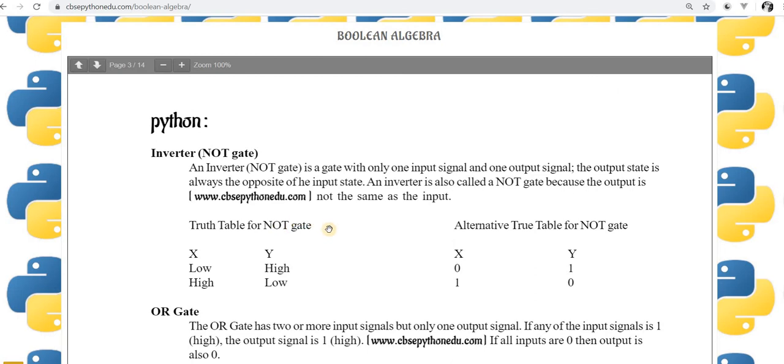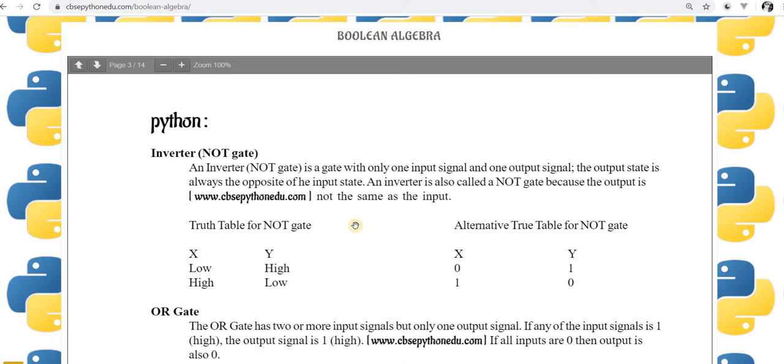First one is NOT gate. As we learned from our previous video, NOT gate is an inverter. It is a negative. We call it inverter, complementary.